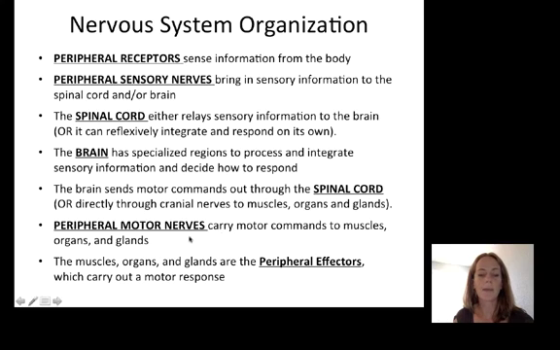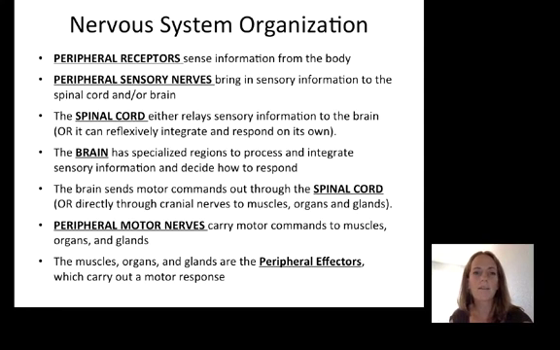They will carry motor commands to the muscles, organs, and glands, which will be the effectors carrying out a motor response.